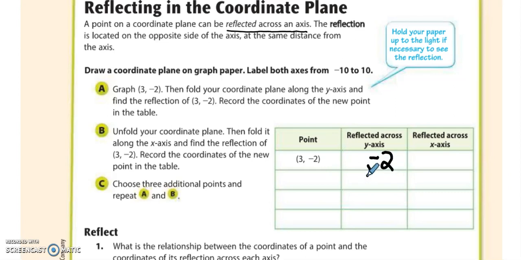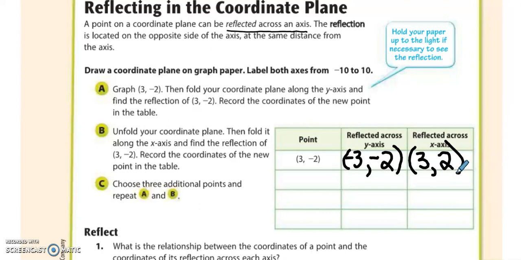And the x-coordinate would be the opposite of 3, negative 3. Similarly, if it's reflected across the x-axis, the x-coordinate would be 3, and the y-coordinate would be the opposite. It was negative 2, now it's going to be positive 2.